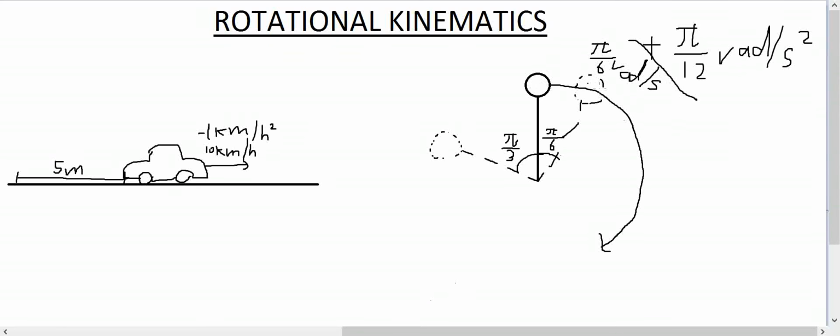Then 1 second later, when the ball is here, the velocity will increase to pi over 4 radians per second.